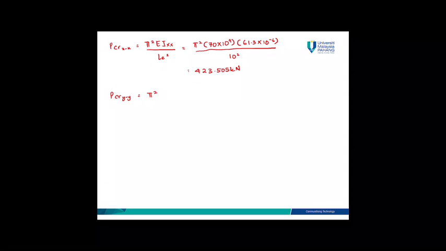Pi square EIXX divided by LE square. You will get the value, and for Y axis you use IYY.